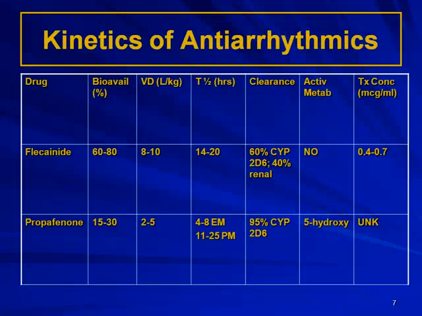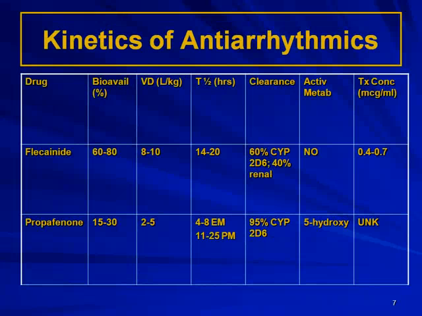Slide 7 has the Class 1C antiarrhythmic drugs, their pharmacokinetics, and these are drugs that still are used a fair amount, particularly for atrial fibrillation. We don't see them used a great deal for ventricular arrhythmias, although that was the original indication. Predominantly, they're being used for patients where you're trying to maintain sinus rhythm after patients have been cardioverted from AFib.